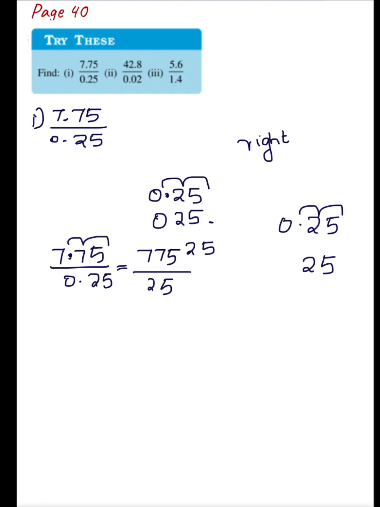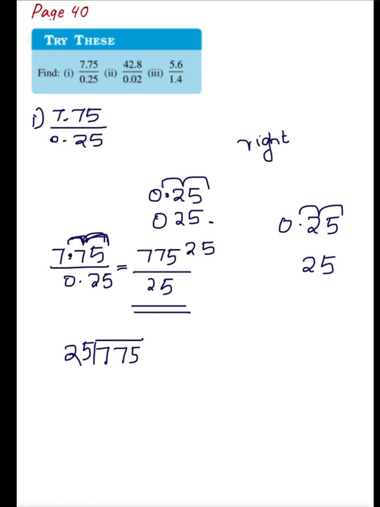That's why I have moved this decimal point to the right by 2 places in the numerator, so that the numerator has become 775, without the decimal point. So now our task is just to divide 775 by 25, so that we will get the answer.